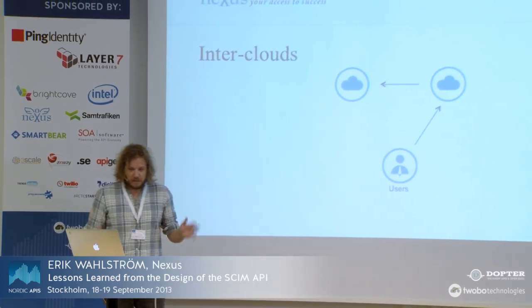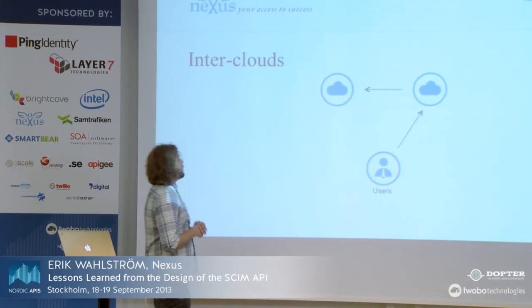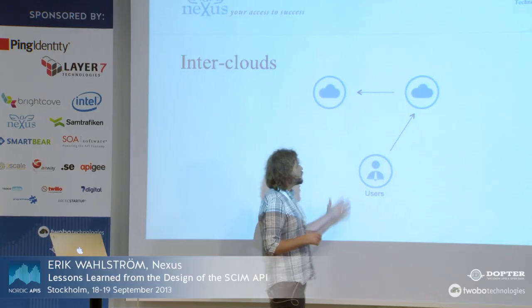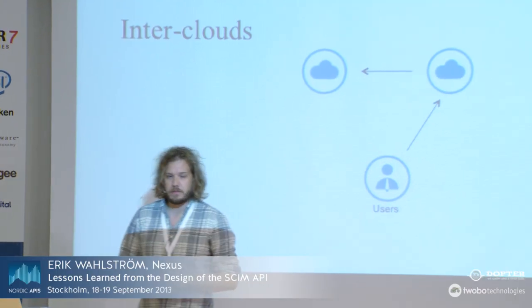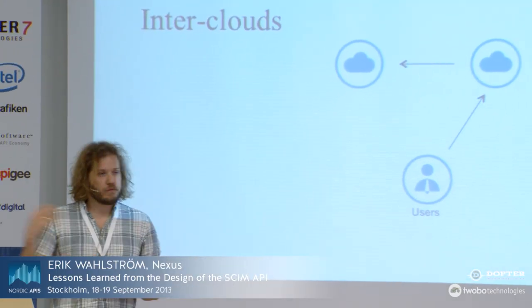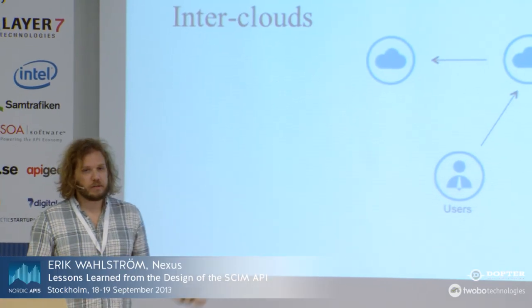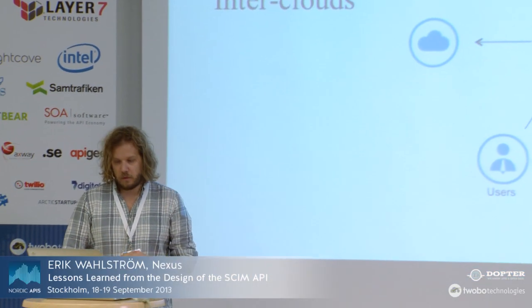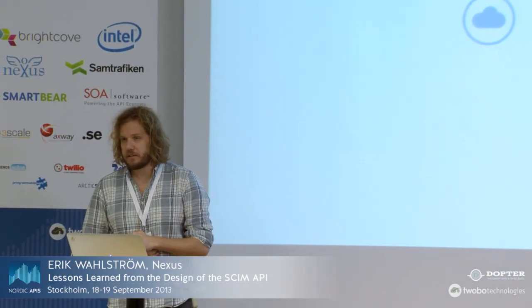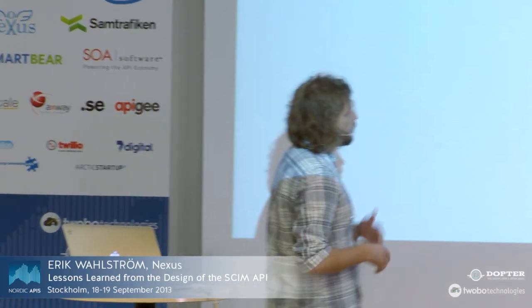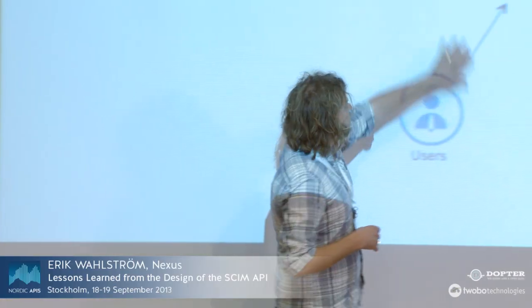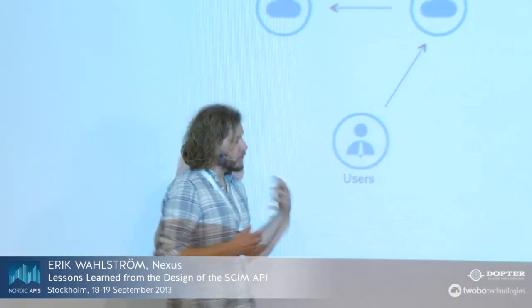And then it's getting even more interesting, in my opinion. So if you have synchronized the users to a cloud provider, Google Apps, for example, and all of a sudden you want to move to Office 365, how do you do that? Well, today there doesn't really exist a way to do that. You have to export and import, but with the help of SCIM, the plan is that all providers should support SCIM.